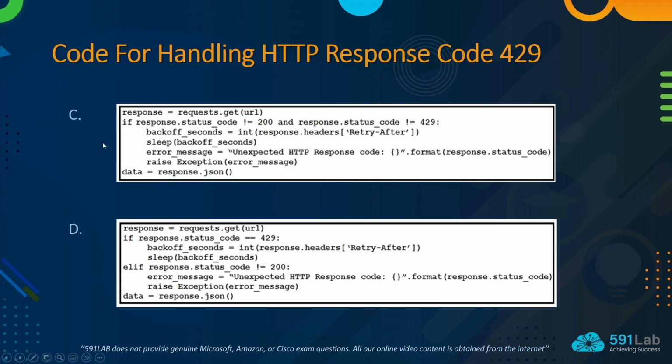Let's say option C. Option C is if the status code is not 200 and the status code is not 429, and get the backoff seconds and then wait some seconds and also output the error message.